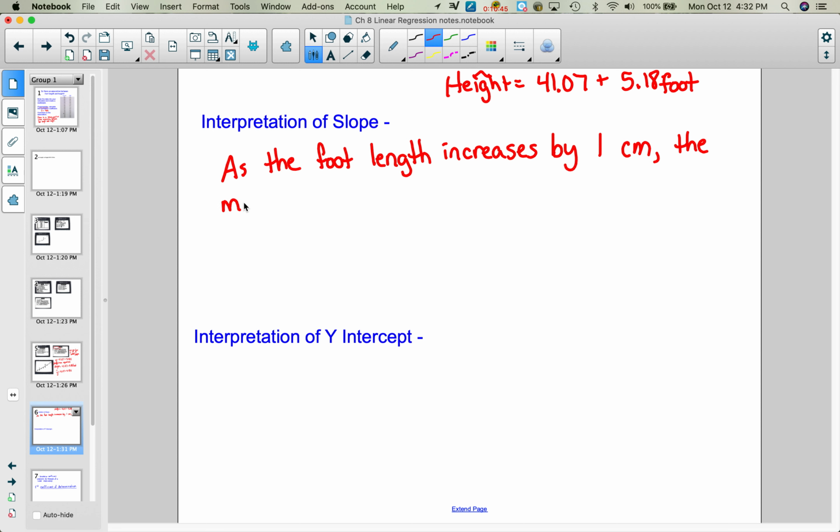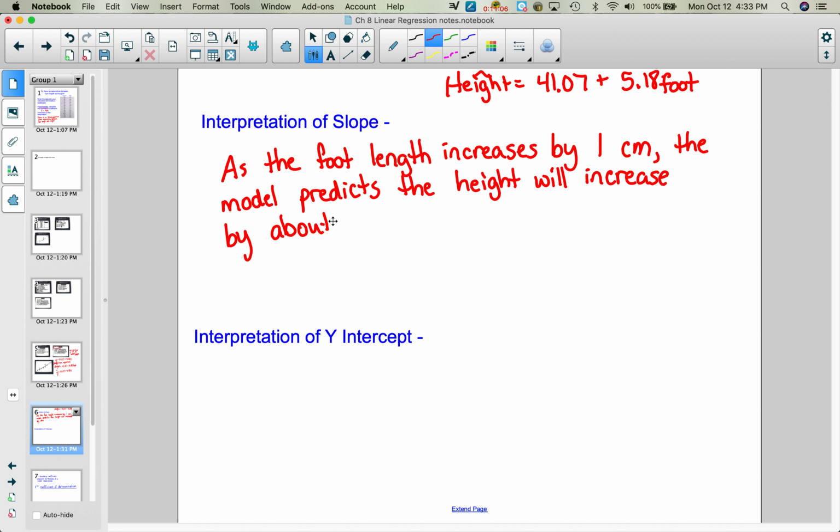the model predicts the height will increase by about whatever the slope is, 5.18 centimeters.